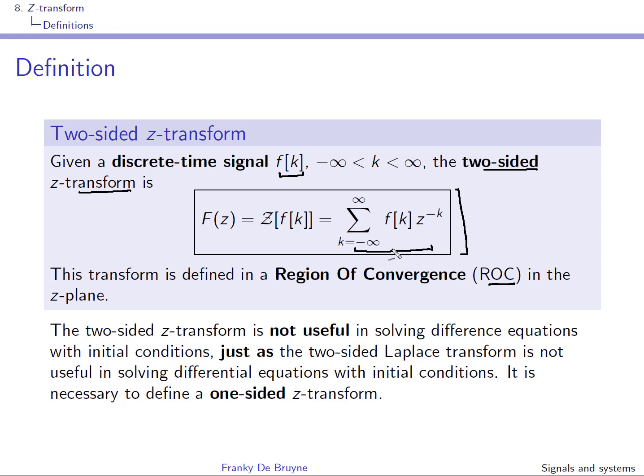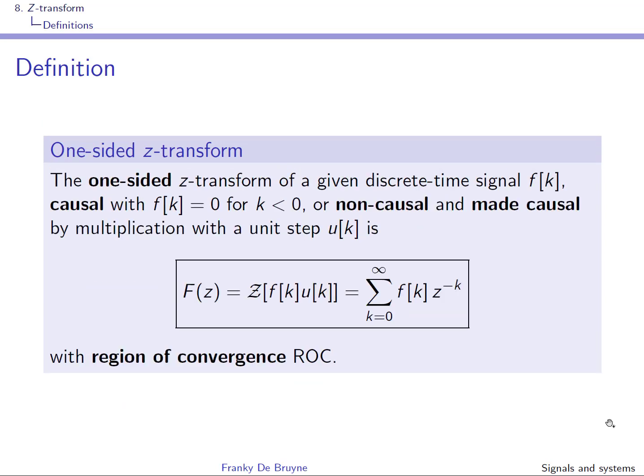And anyway, what we are doing is, well, considering causal systems, causal signals. So in the same way, this two-sided z transform will not be very useful, and it is therefore necessary to define a one-sided z transform.